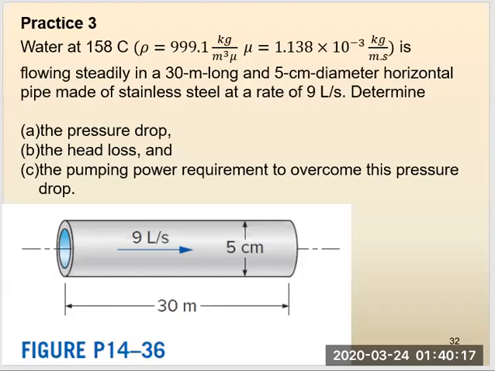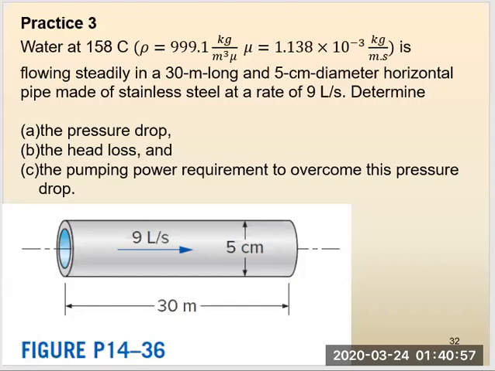Water at 158 degrees Celsius, with density of 999.1 and dynamic viscosity of 1.138 times 10 to the negative 3, is flowing steadily in a 30-meter long and 5 centimeter diameter horizontal pipe made of stainless steel at a rate of 9 liters per second. What is the pressure drop, the head loss, and pumping power requirement to overcome this pressure?